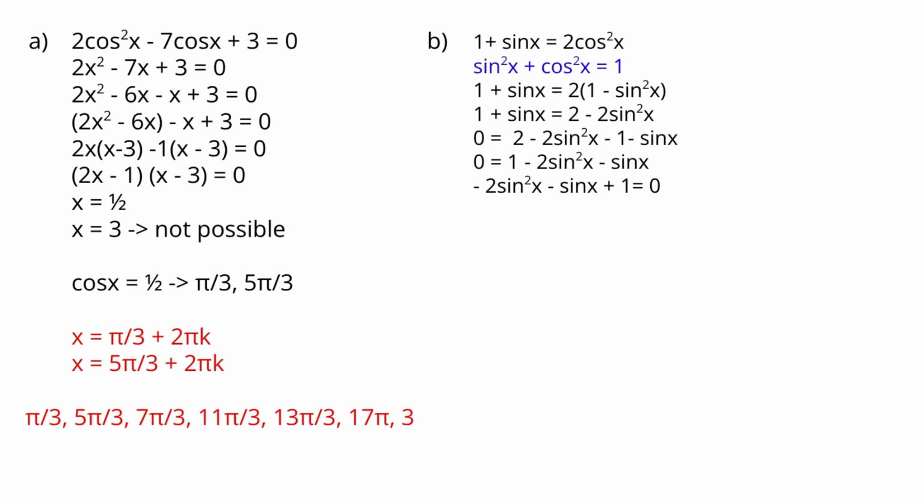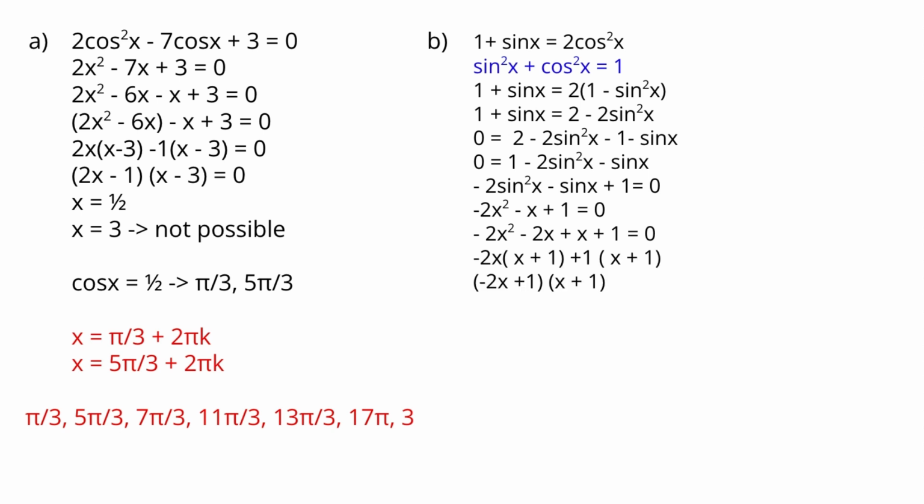Now we can factor. So we can turn that sine x into just x, so we get 2x squared minus x minus 1 is equal to 0. Factor it out just like we did in the last problem, separating negative x into negative 2x plus x. And so we get 2x times x minus 1 times x plus 1 is equal to 0.